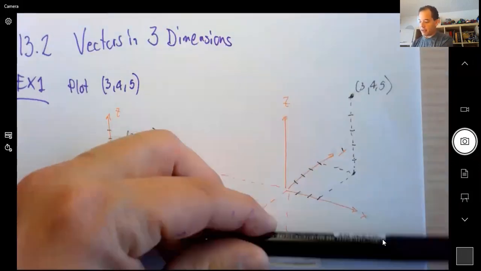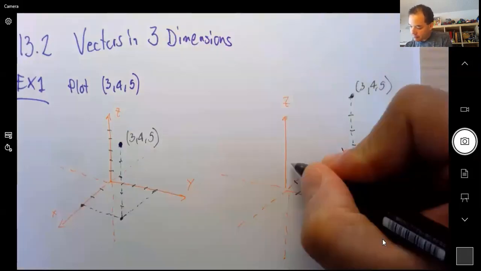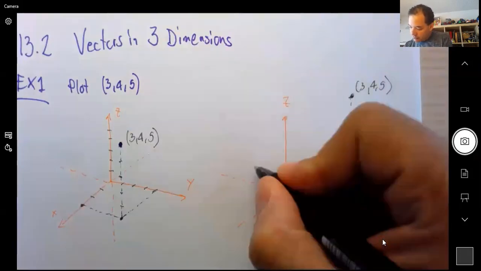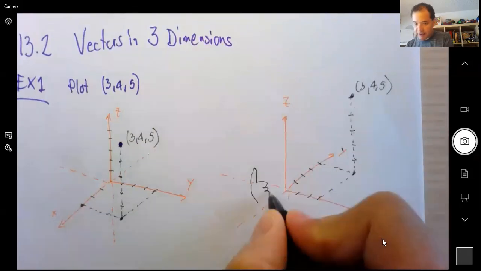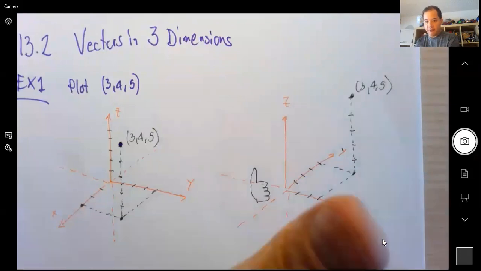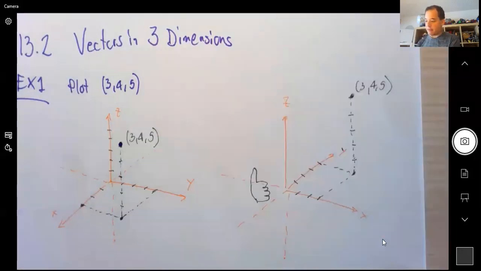So my hand right now would look like, maybe I try to draw my hand here. It will look like my thumb pointing up and like this, right? So I'm going from the X to the Y, and then my thumb is pointing up. And that's how I know where the Z should be going.